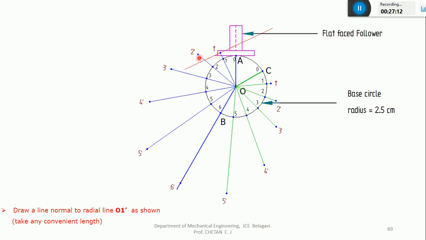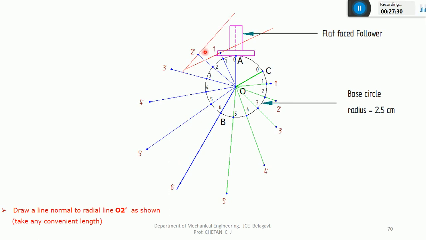And similarly at 2 dash, I'll draw one more perpendicular line of any length. So you can see here, draw a line normal to radial line O2 dash. So this is O2 dash, correct? So this is a normal line.